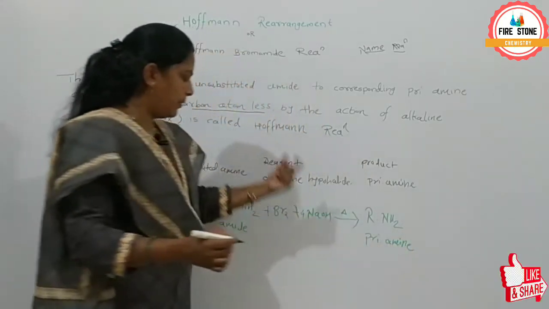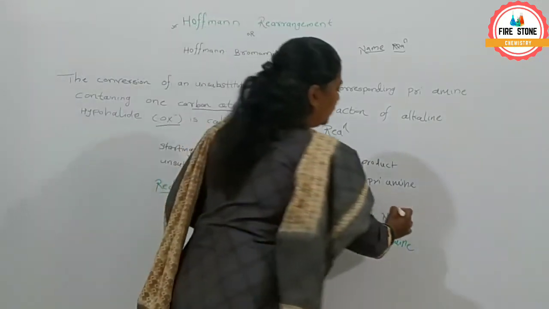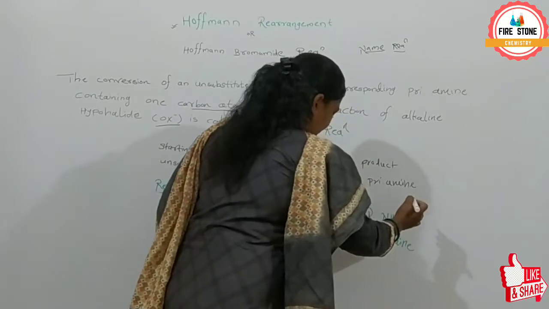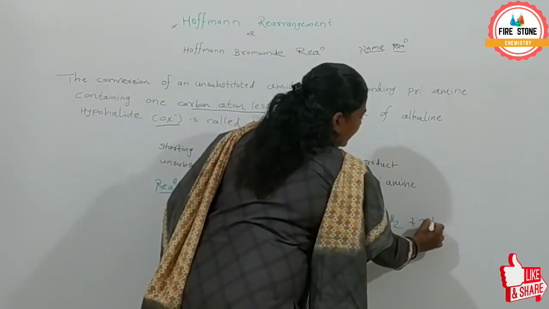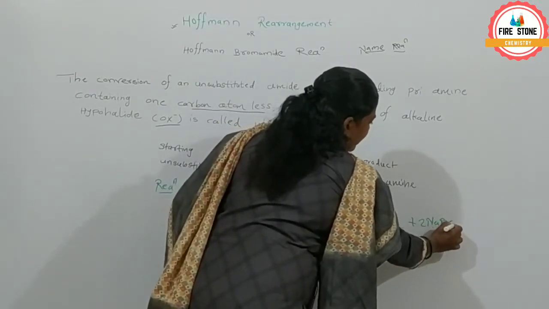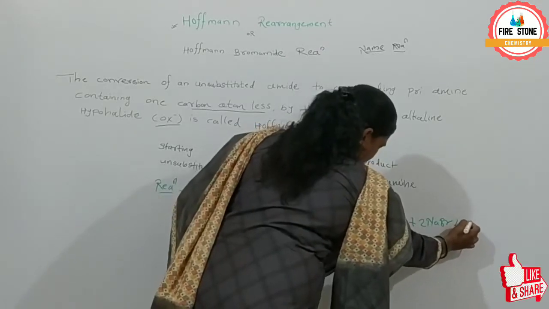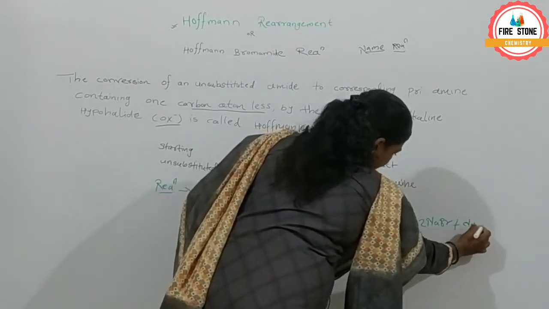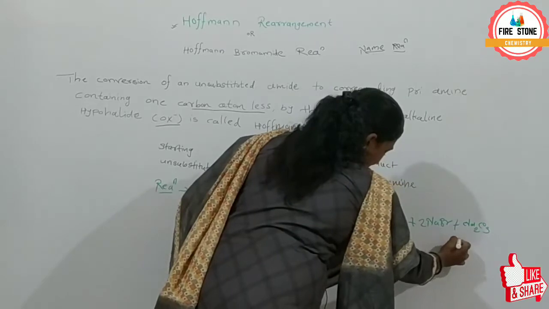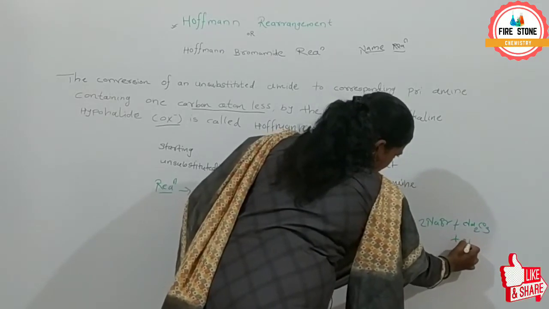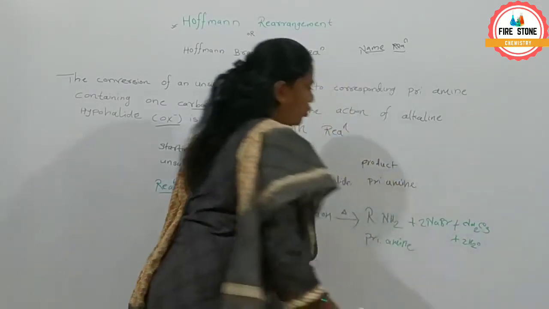So this is the product and the side products are twice NaBr plus Na2CO3 plus twice water molecule.